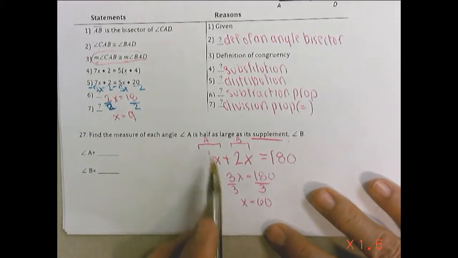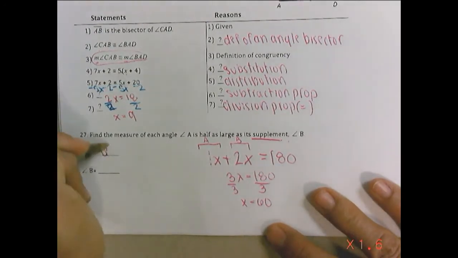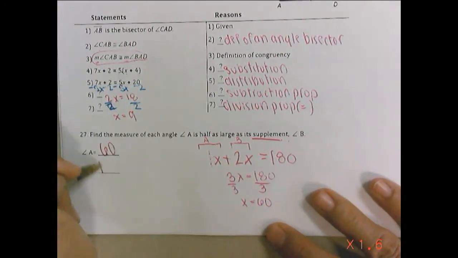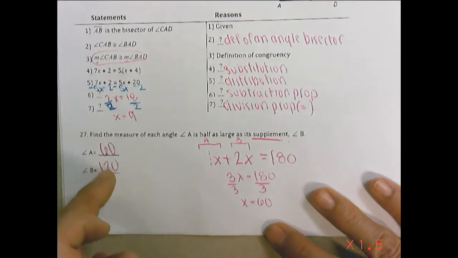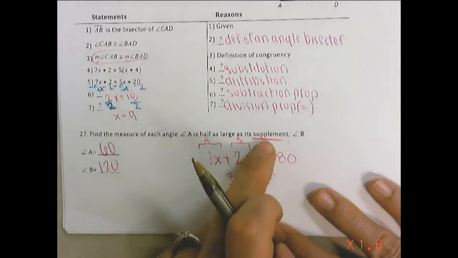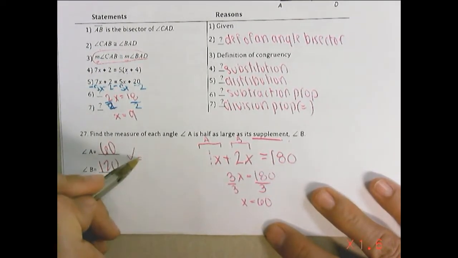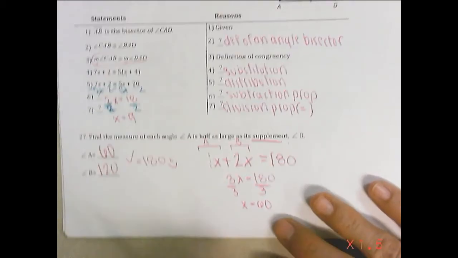So x equals 60, that was just your plain old x, our A. And angle B was twice as large. 2 times 60 is 120. If I add them together to make sure that they add up to 180, it checks out. 60 plus 120 equals 180. There you go. All right, and back here. Last one.